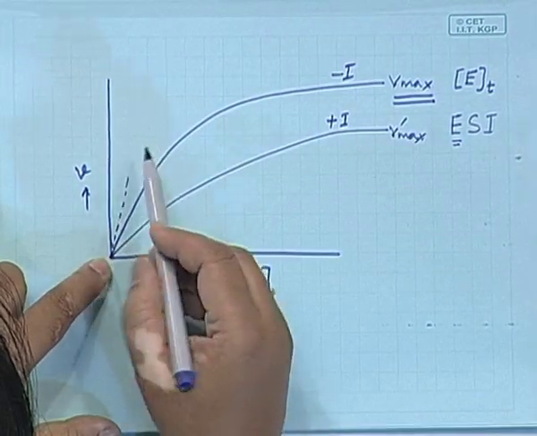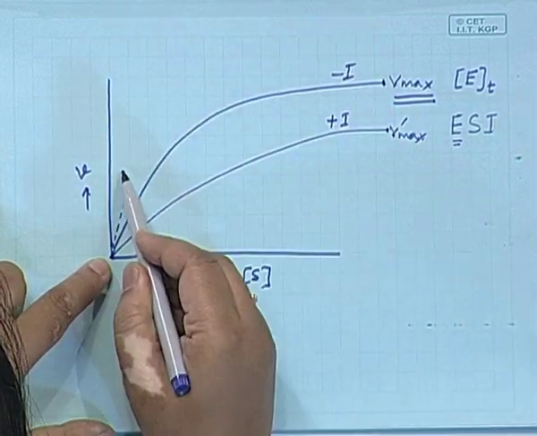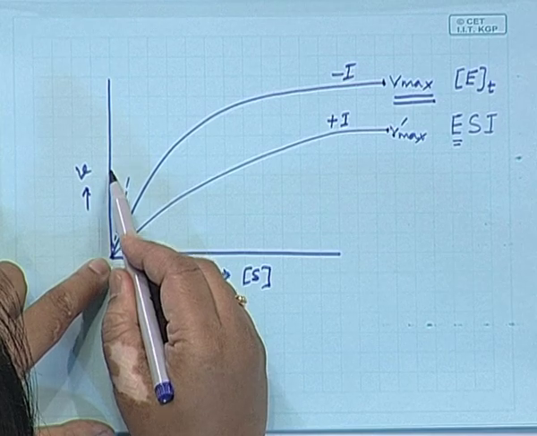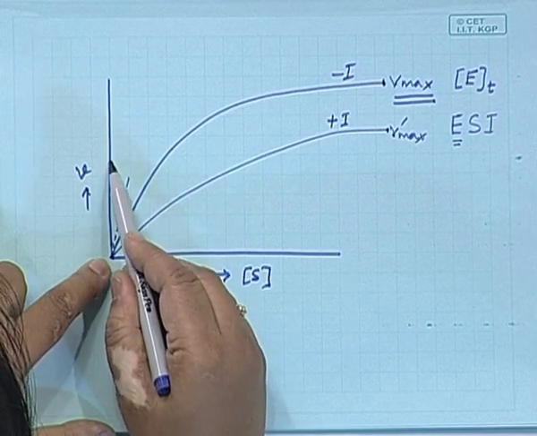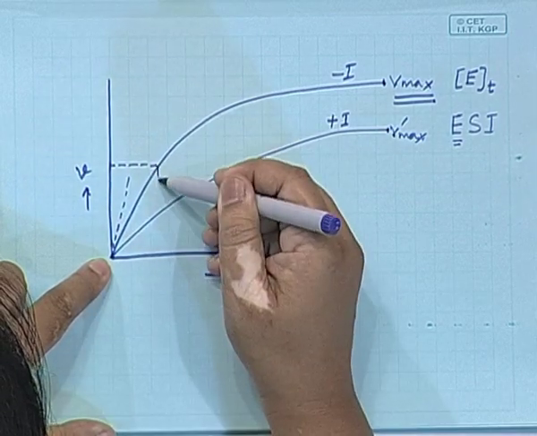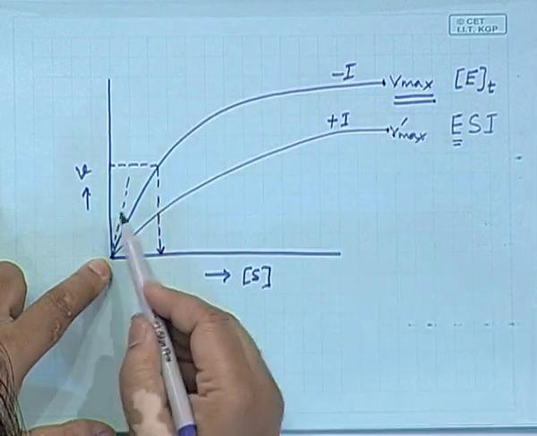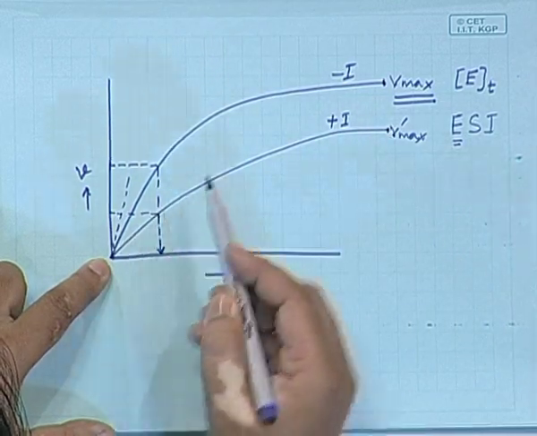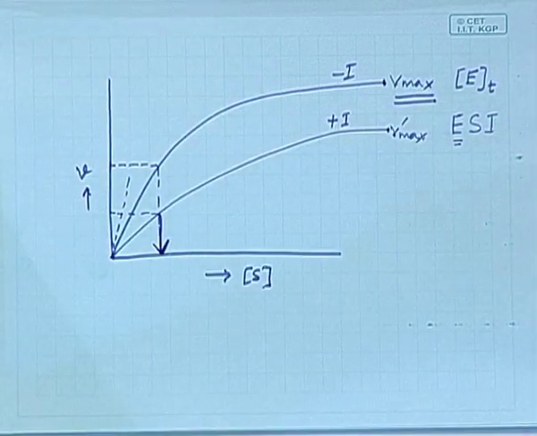So, now what happens? This Vmax and this Vmax. Half of this Vmax is going to be where? Somewhere here. Half of this Vmax is going to be somewhere here, right?